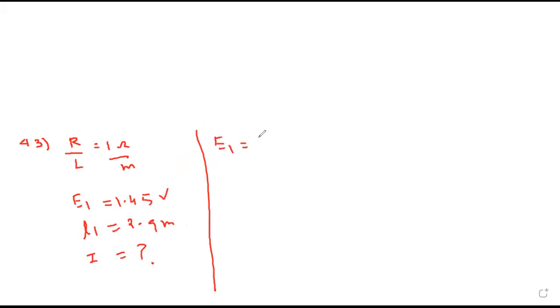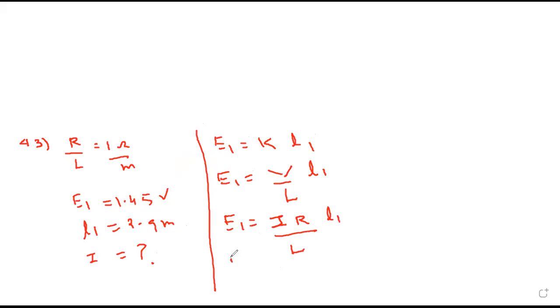E1 is KL1 by principle of potentiometer. K का मतलब potential gradient which is voltage upon length of potentiometer. K means we know I into R upon L into L1. Now E1 is 1.45. I we have to calculate.